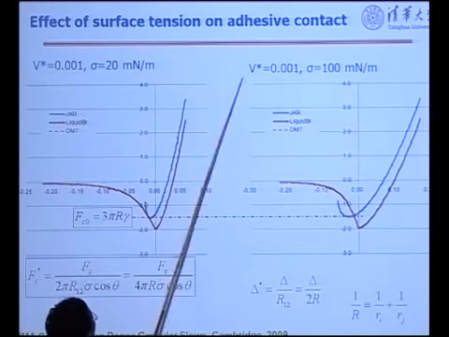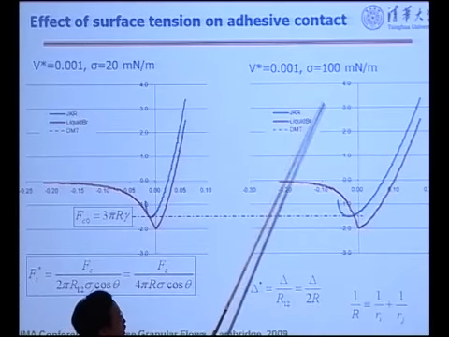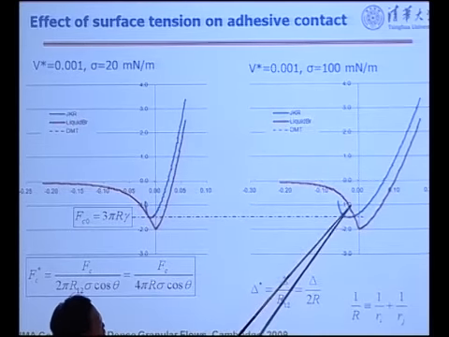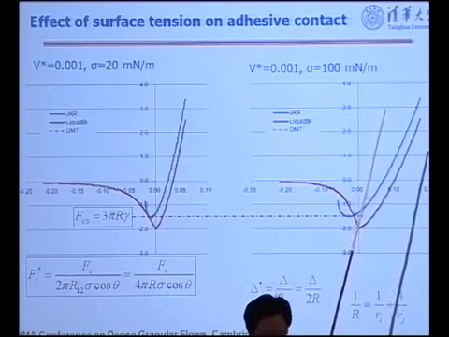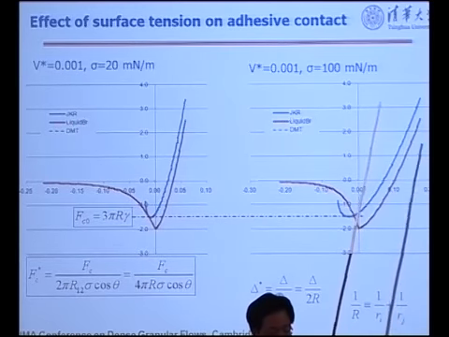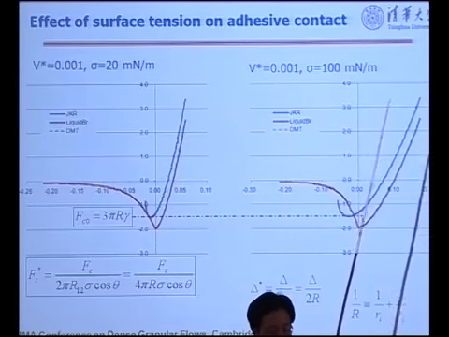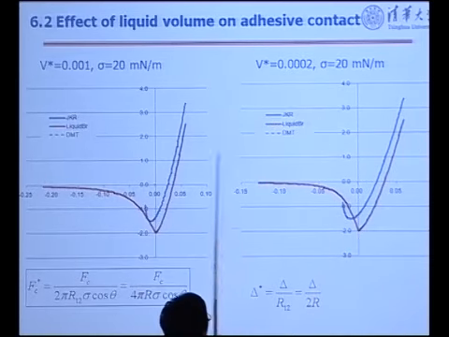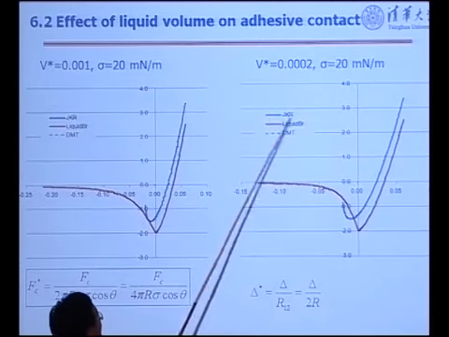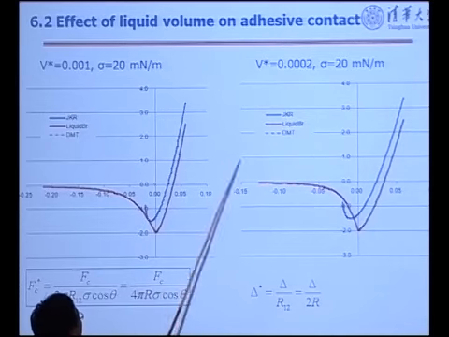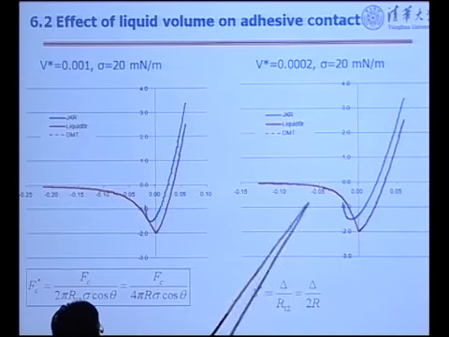But the liquid bridge together with Hertz theory is like this. So if we change the volume or the surface tension, there is no difference from JKR, and it also gives us some idea how to treat such kind of isotropics according to the work of van der Waals force.